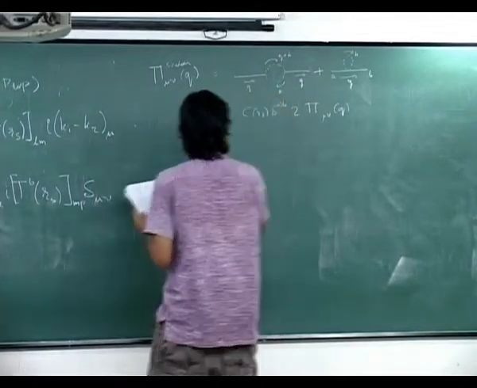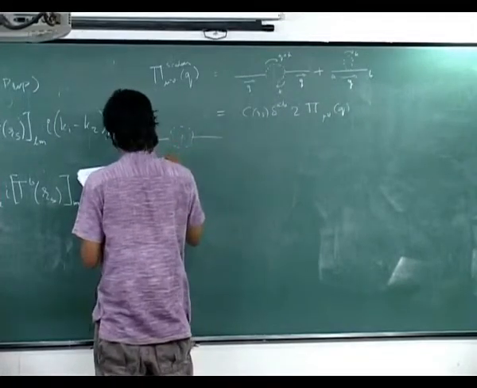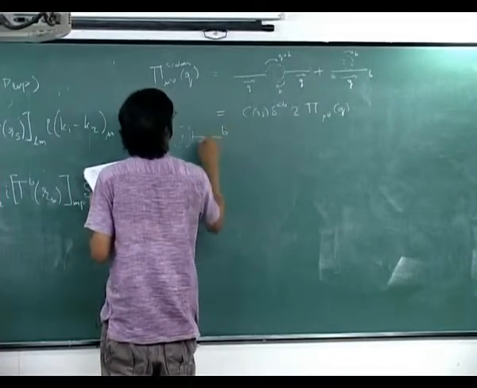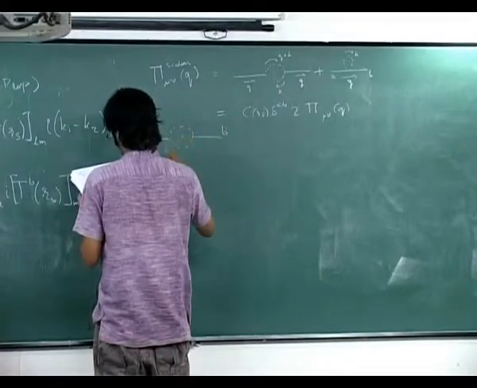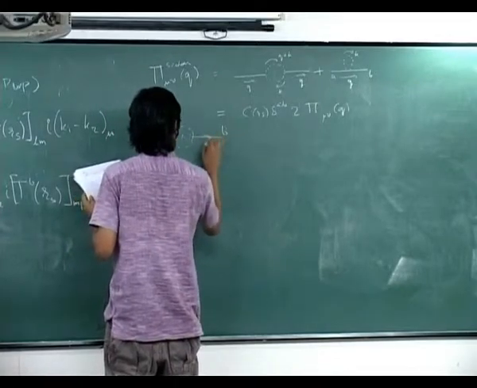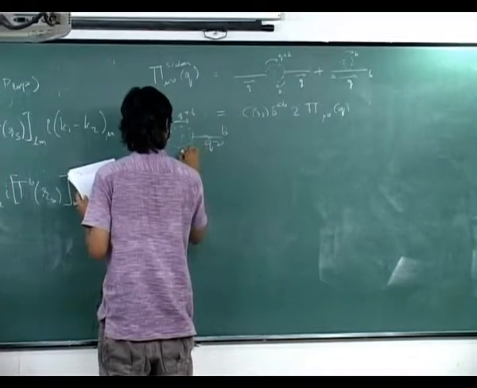So I'll do it for this diagram first. Here A, B, Q plus K and K.